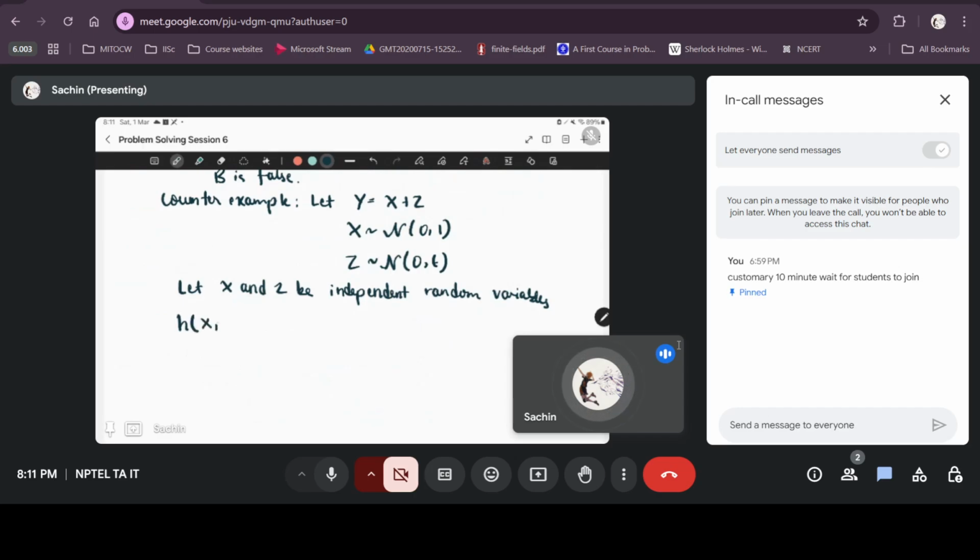Now the joint differential entropy h of xy is h of x plus h of y given x, which is h of x plus h of x plus z given x, which is the same as h of z given x.